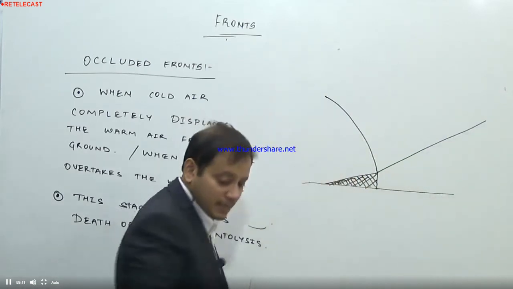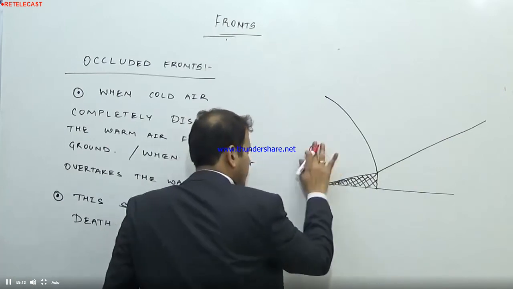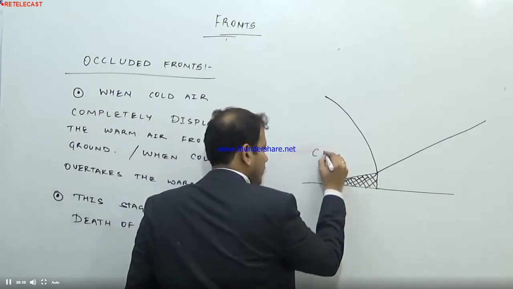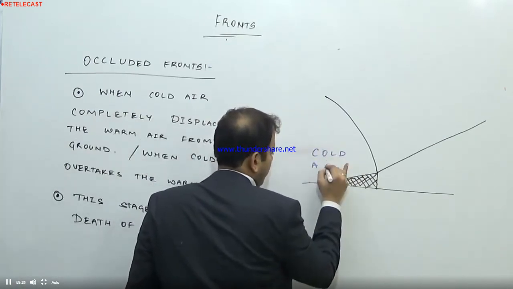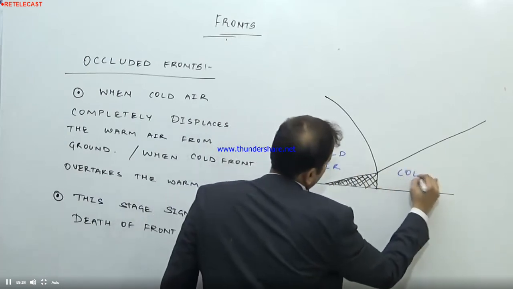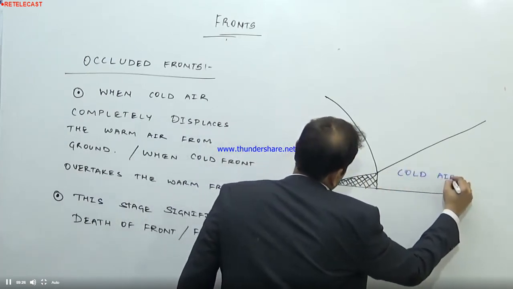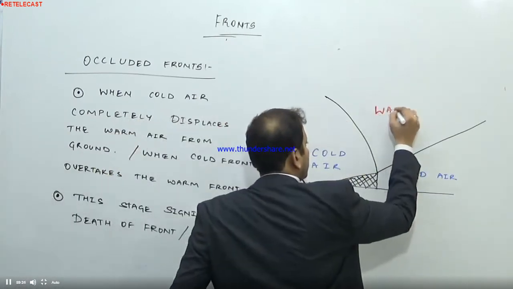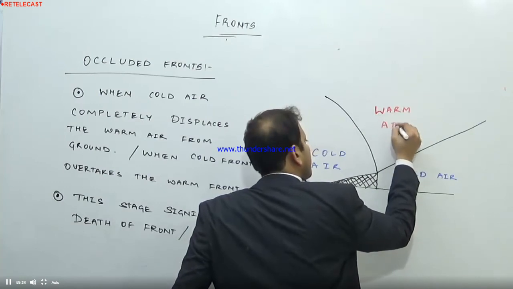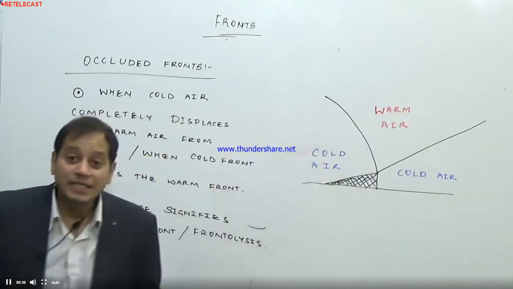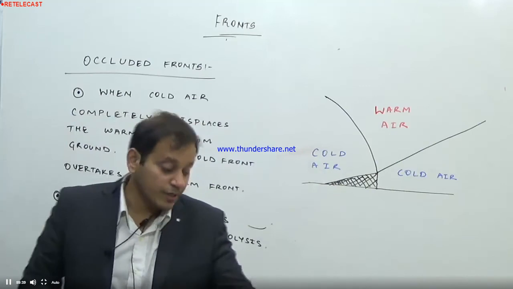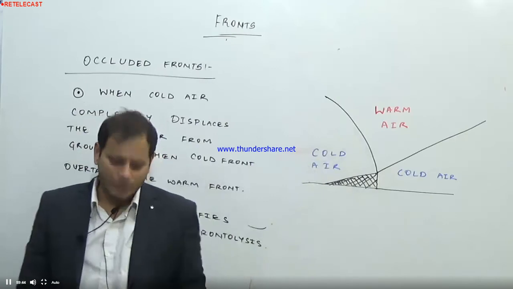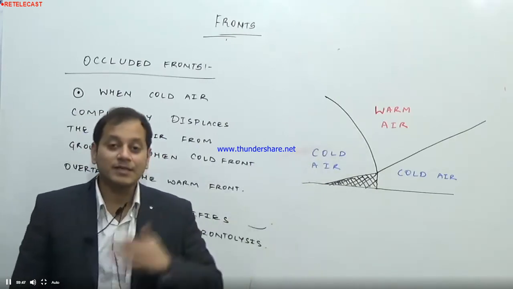Whatever the condition is, there will be cold air below, and there will be warm air above. So this is the diagram for the occluded front: whatever is going to happen, there will be cold air below and warm air above. Obviously after this there is no front, it is the death of a front.